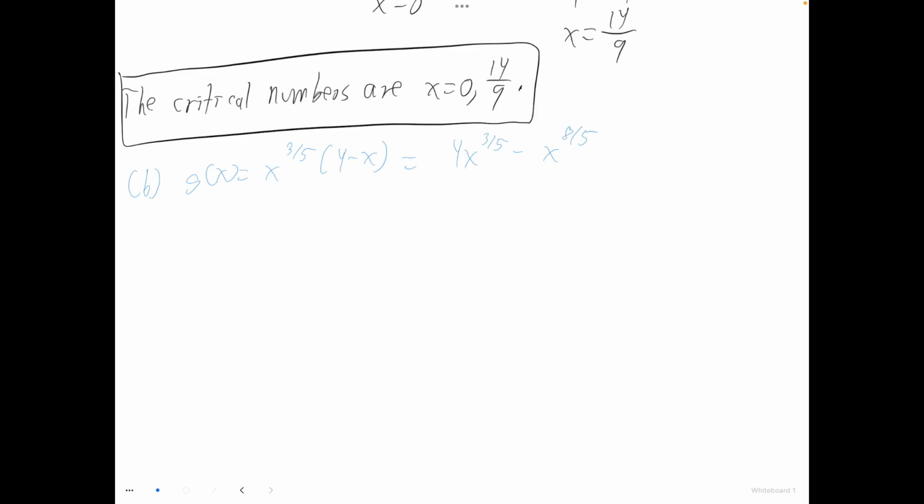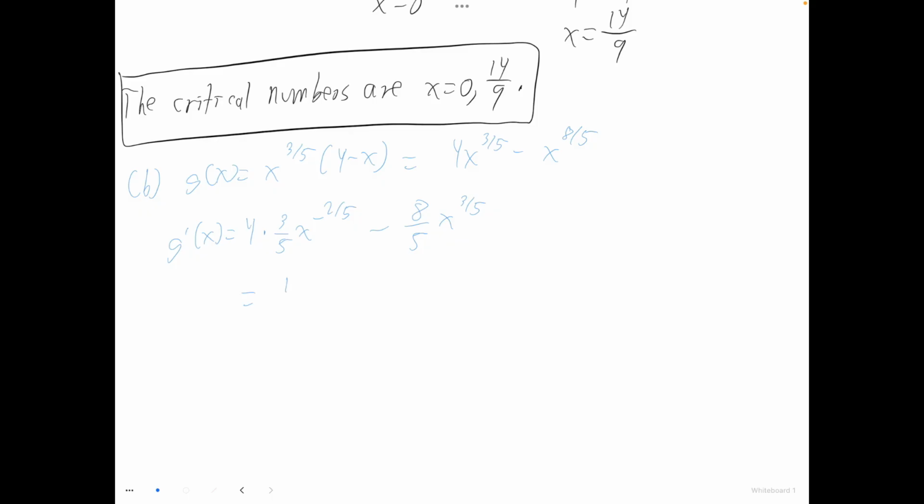So we're going to take our derivative. And so we have that the derivative of this function is going to be 4 times 3/5 x to the minus 2/5. So we have to subtract 1 from the exponent. Minus 8/5 x to the 3/5. And so bring down the exponent, subtract 1 from it.